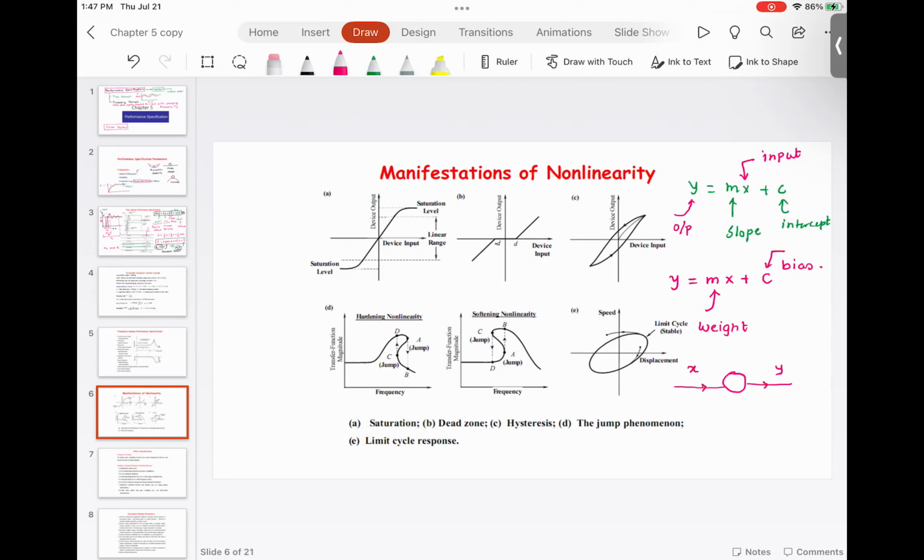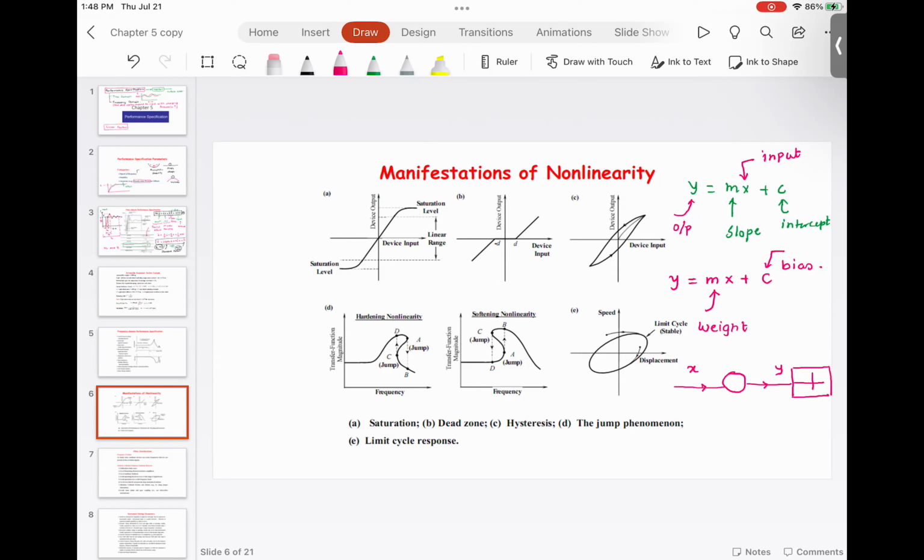Now what we want to do is approximate a behavior or a nonlinear function using this neuron. The idea is that a linear system cannot completely define a nonlinear system, so you want to add some type of nonlinear element to it. So this neuron is fed into an activation function.